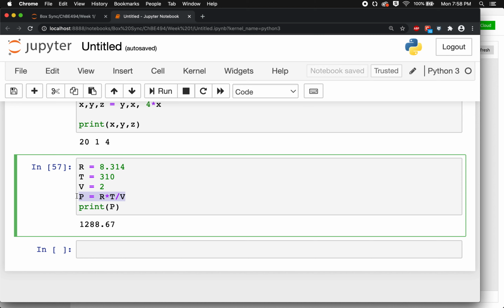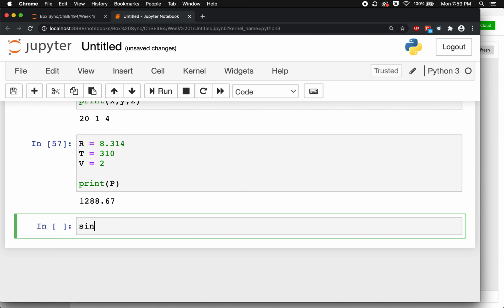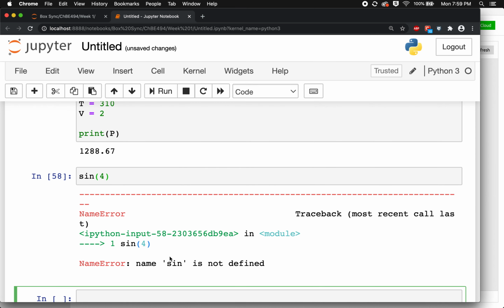but you can define formulas this way. So last thing you might wonder is, what about special functions or transcendental functions like sine and cosine? There's no base sine and cosine in Python. So if I came over here and typed sine of 5, or sine of 4, it's going to say, hey, sine's not defined.